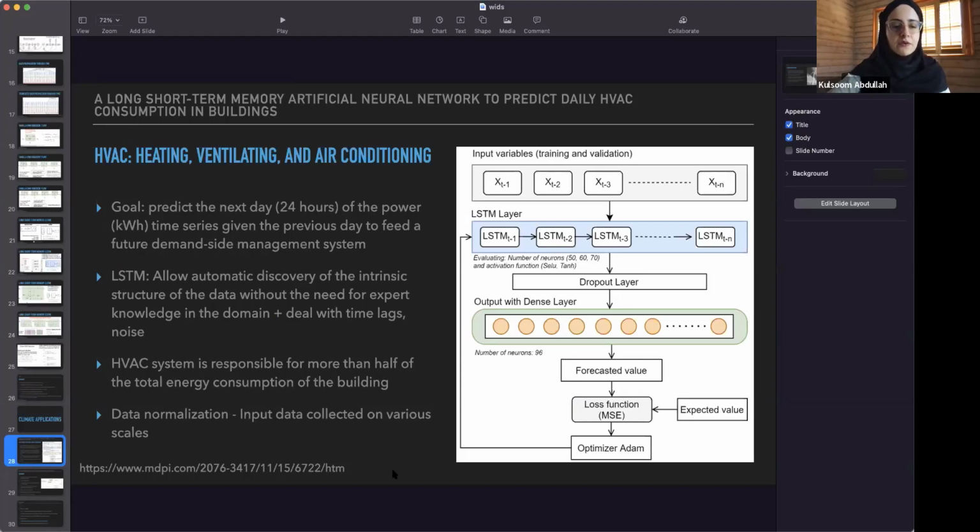In this paper, they also tried other shallow machine learning methods like support vector machines and random forests, or regression random forest, to come up with a model that would predict energy consumption. While those generally worked well, in their case they decided to try the LSTM because there was so much data and complexity in what they were getting from these sensors.